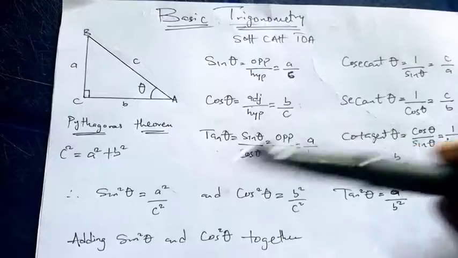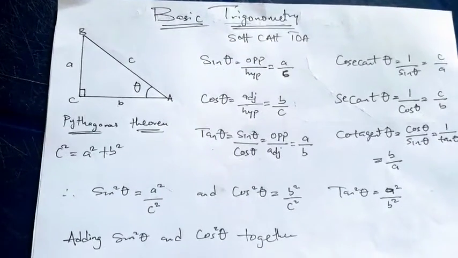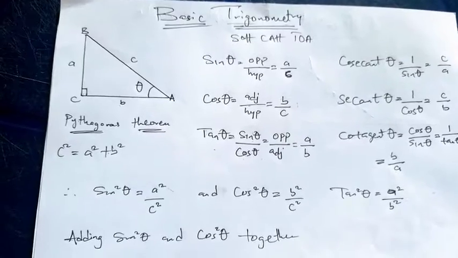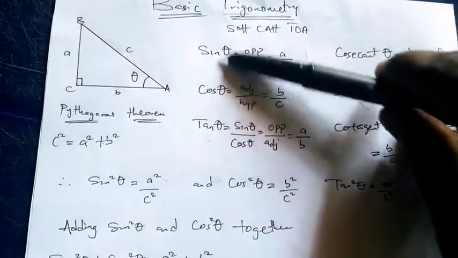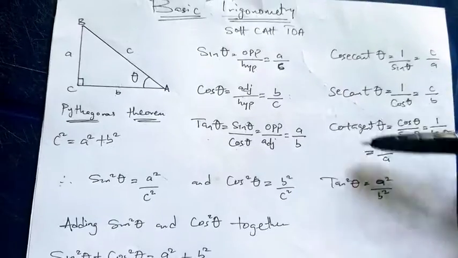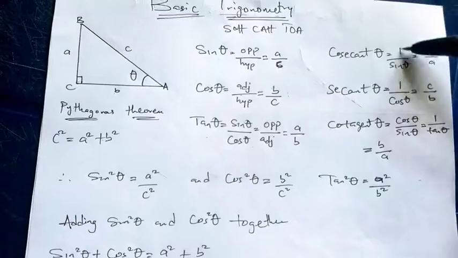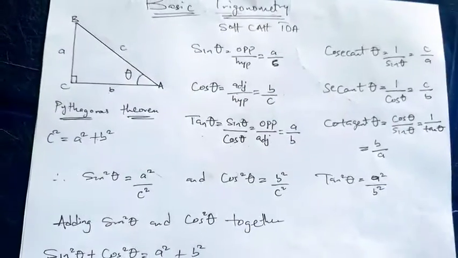Now apart from knowing the sine, cosine and the tan of a right angle triangle, we can also know the reciprocals of these, which are the cosecant theta, the secant theta, and the cotangent theta. The cosecant theta is simply the reciprocal of the sine theta.